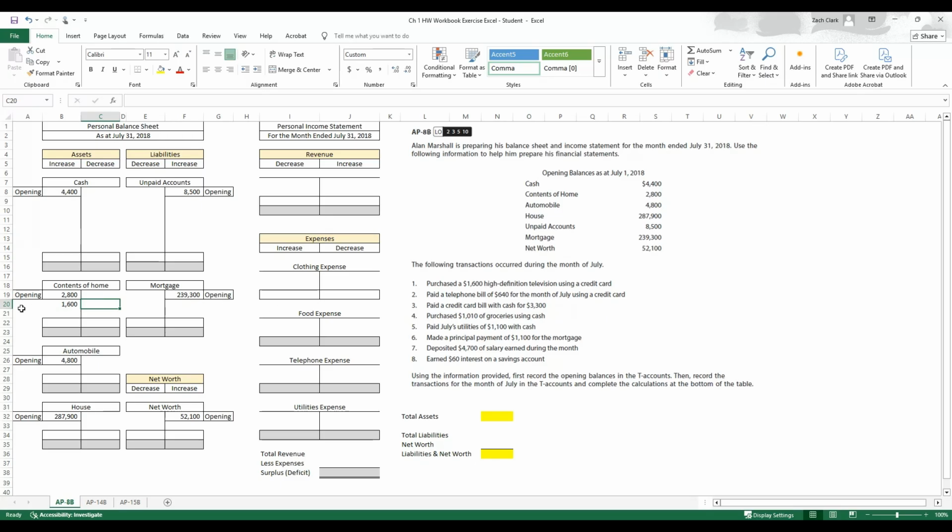We incurred a liability to get this TV. But keep in mind, it's an important concept to differentiate between cash outflows for purchasing assets and cash outflows that would be expenses. Another way to think of expenses is cash outflows that you are never going to see again, essentially. The money is gone.